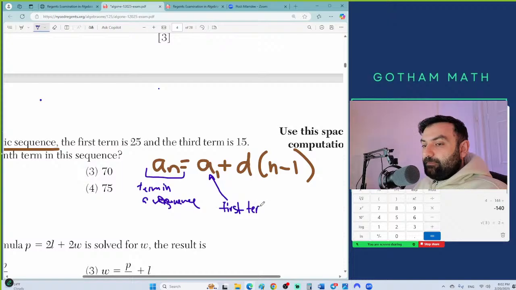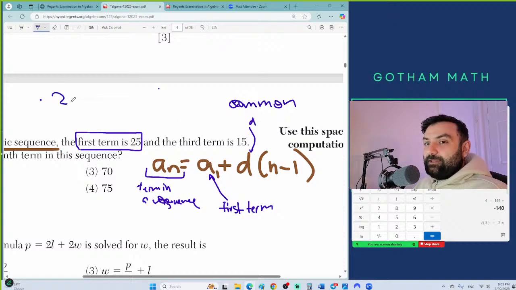The first term is given to you here: 25. Now, what is D? D is called the common difference. In numbers like 2, 5, 8, 11, the common difference is 3. This is the jump from one number to the next number.